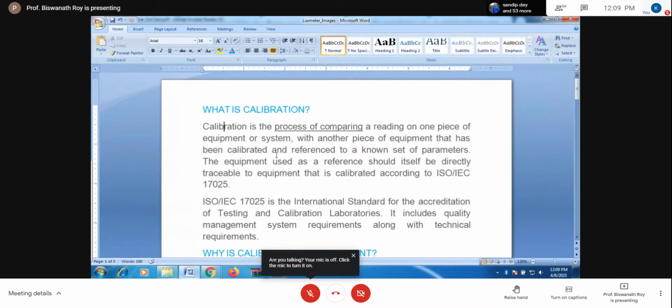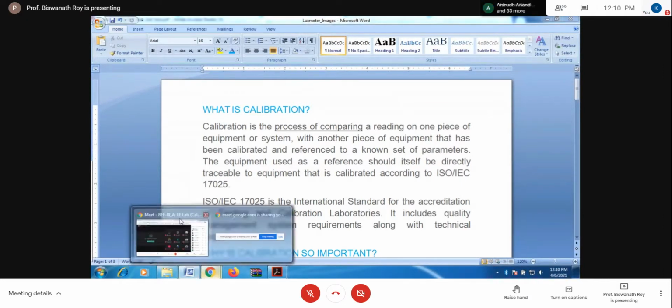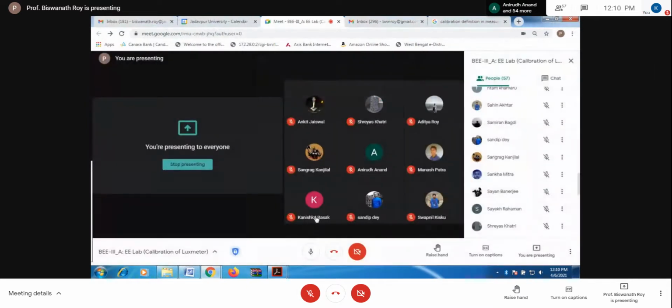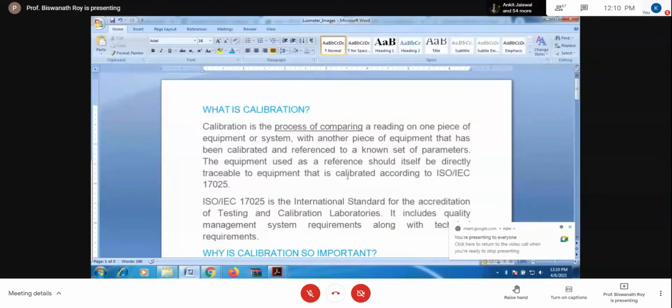So the equipment used as a reference should itself be directly traceable to equipment that is calibrated according to the standard. Here it says that during calibration we need to obtain the reading of a test equipment that is to be calibrated and one working standard equipment that is already calibrated in the lab, right?